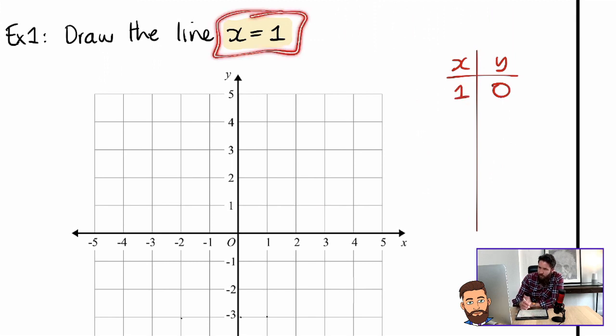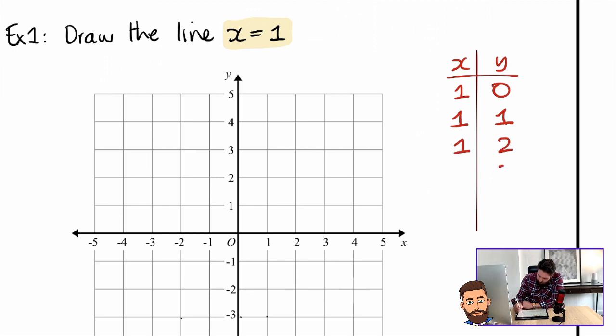When y is 1, x will be 1. When y is 2, x will be 1. When y is 3, x will be 1. It's telling us that x will always be 1.